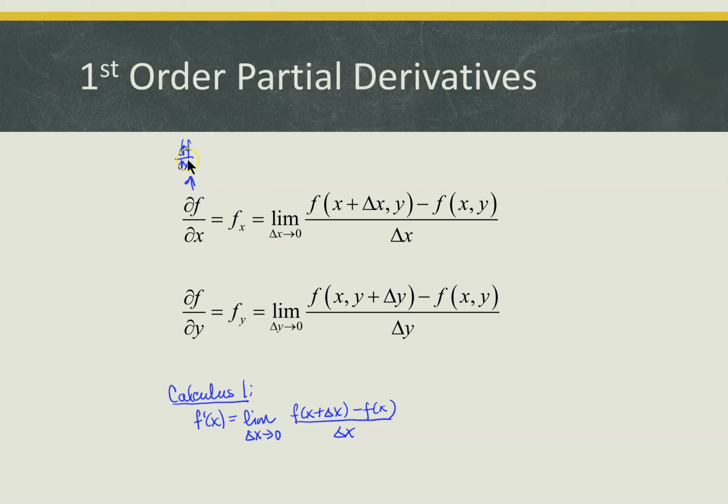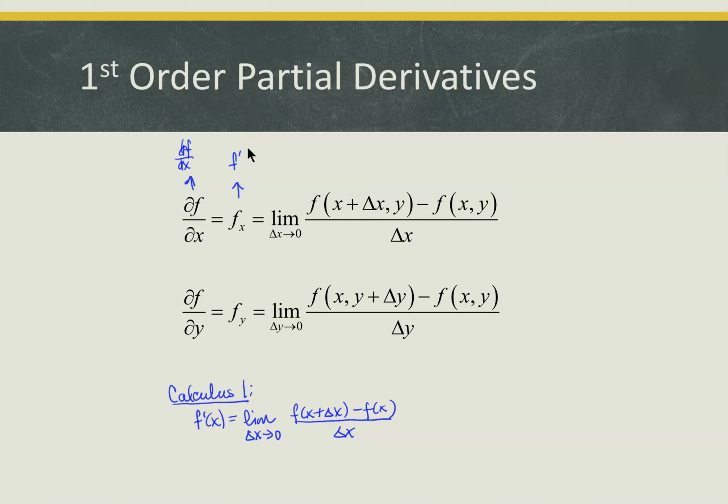It's analogous to that type of notation. This f with the subscript x, you can think of as being similar to the notation where you wrote f prime of x. Notice though that you cannot now write f prime of x for a function of two variables. For if I simply do f prime, I will not know which of the two variables the derivative is with respect to.